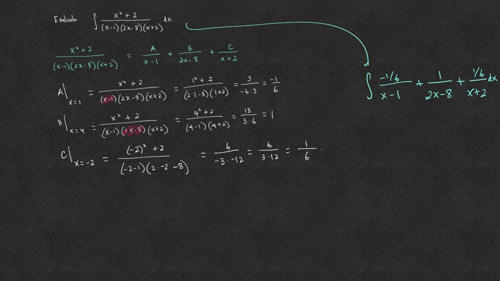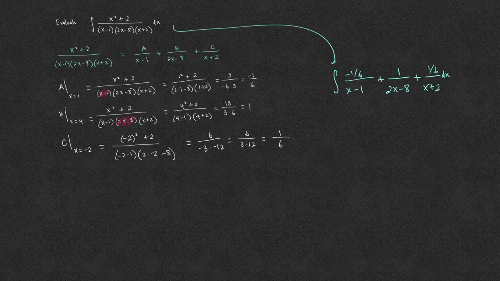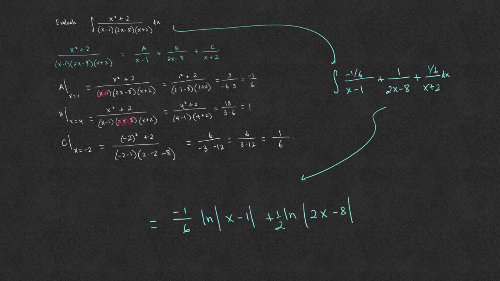We then find the antiderivative of each of the terms easily. The first term has the antiderivative of negative 1 over 6 ln of the absolute value of x minus 1. The second term is ln of 2x minus 8 times 1/2.